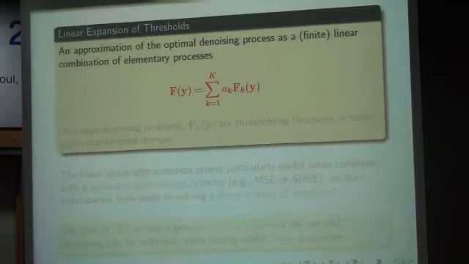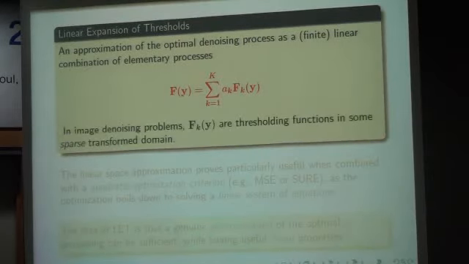I'm anticipating a bit, but the theory in itself looks like that. The approximation of the processing can be expressed on a basis like that, where I have to specify the FK. And those FKs can be seen as thresholds in some transform domain. So this is why it's an expansion of thresholds.